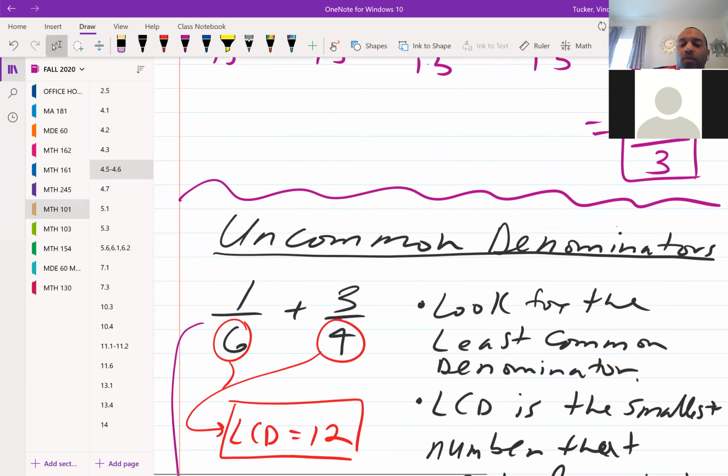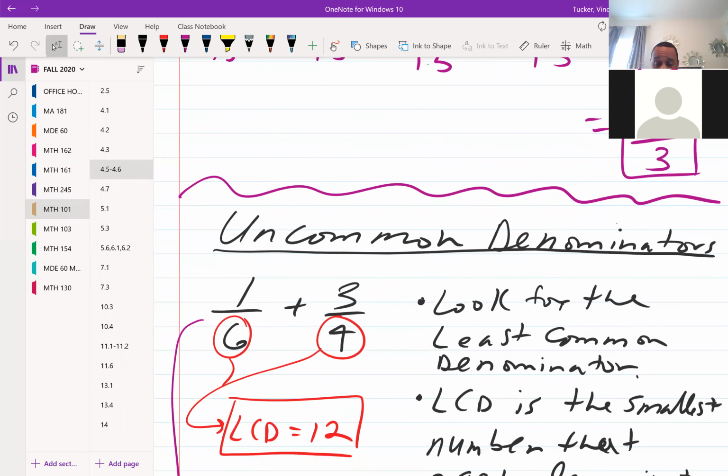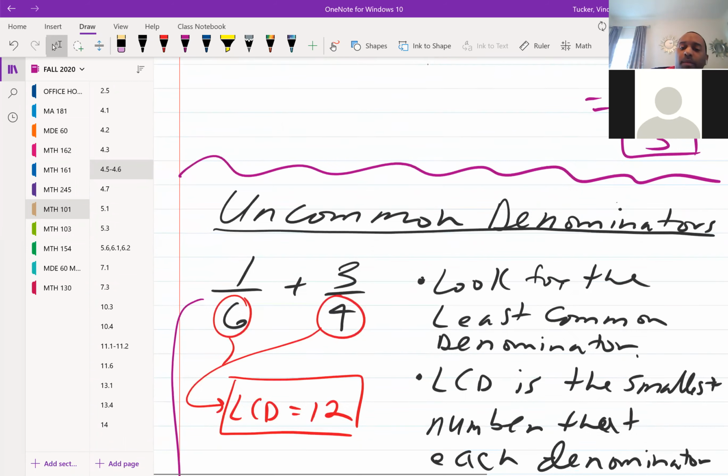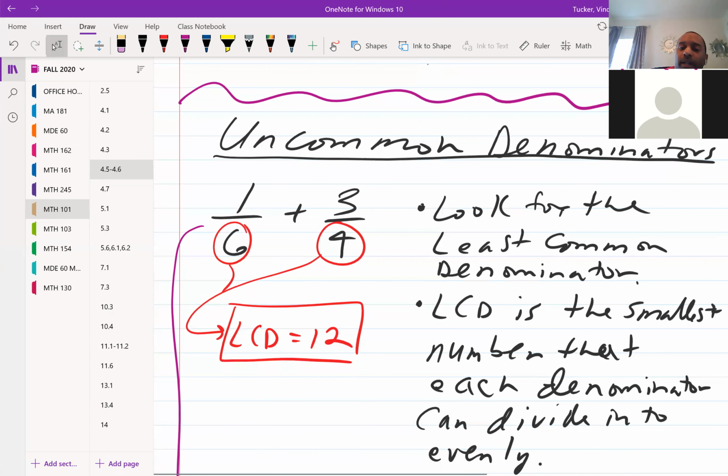All right, so when we have uncommon denominators, we want to look for the least common denominator. And so that least common denominator, LCD, is the smallest number that each denominator can divide into evenly. So we're not talking about what can divide into them. Sometimes I'll ask, what's the least common denominator of 6 and 4? And somebody may say 2.